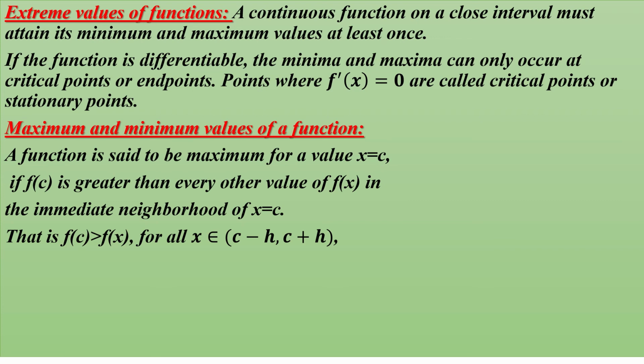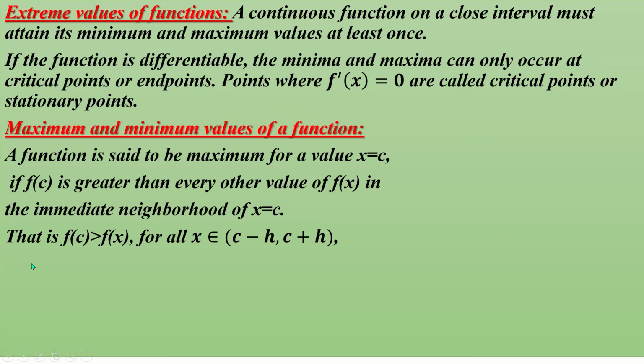And for any other real numbers, the value of sine x will be less than 1 when you put a value greater than 90 degrees or less than 90 degrees.